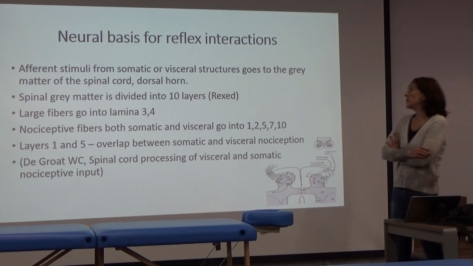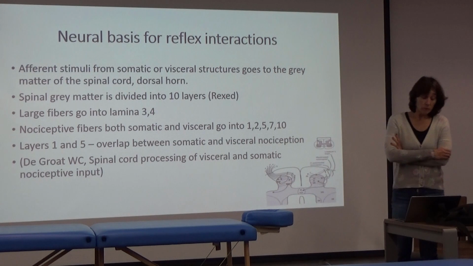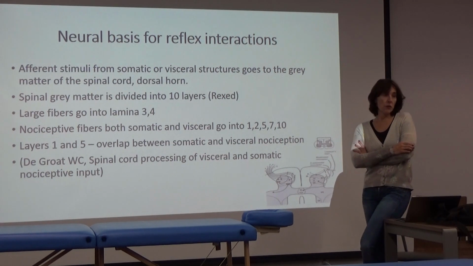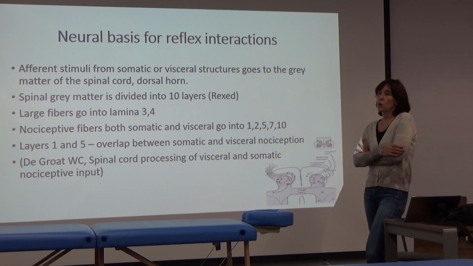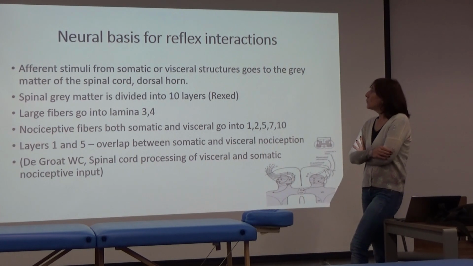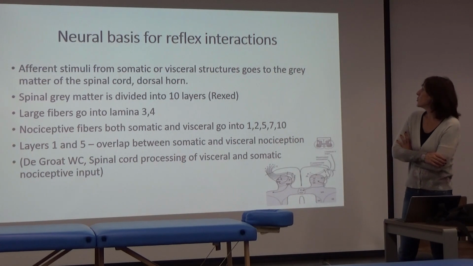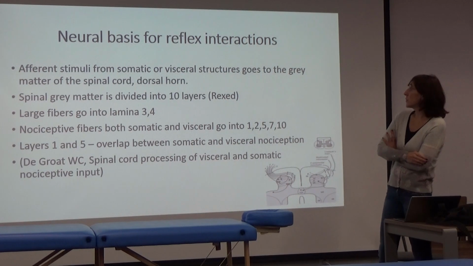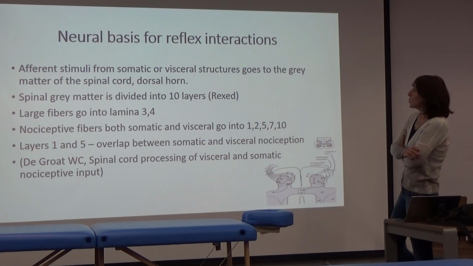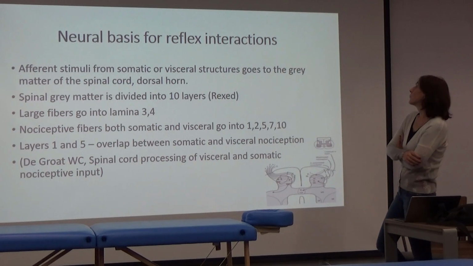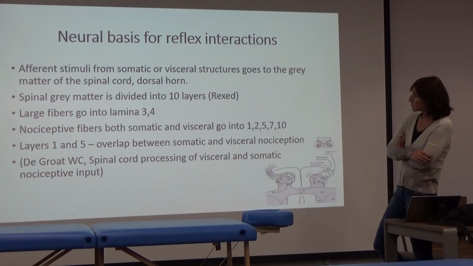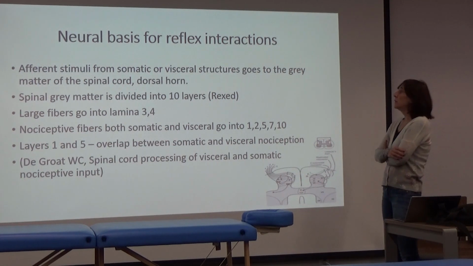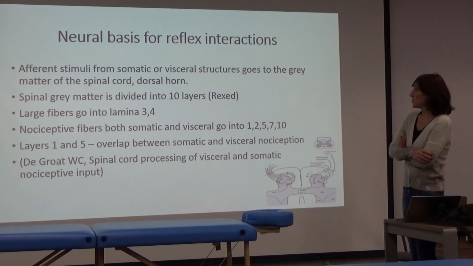This is just to give a basic idea mostly for osteopaths and chiropractors, because in osteopathy there were many studies about how the afferent stimulus from somatovisceral structures could affect reflex regulation. So we know that all afferent stimuli go through the dorsal horn to the spinal cord. Then the spinal gray matter is divided into 10 layers, Rexed layers.